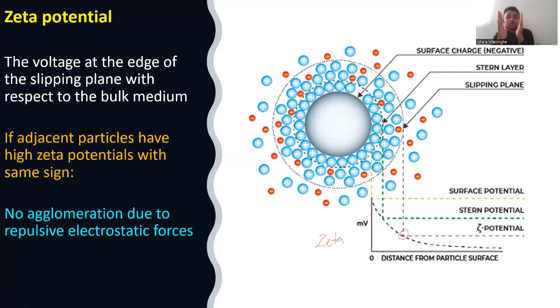Now, up to this point, all the things you learned are qualitative. You know the particles are negatively charged, so there are repulsions, and repulsions occur due to electrostatic forces. Van der Waals attractions are not considerable enough to merge the particles.